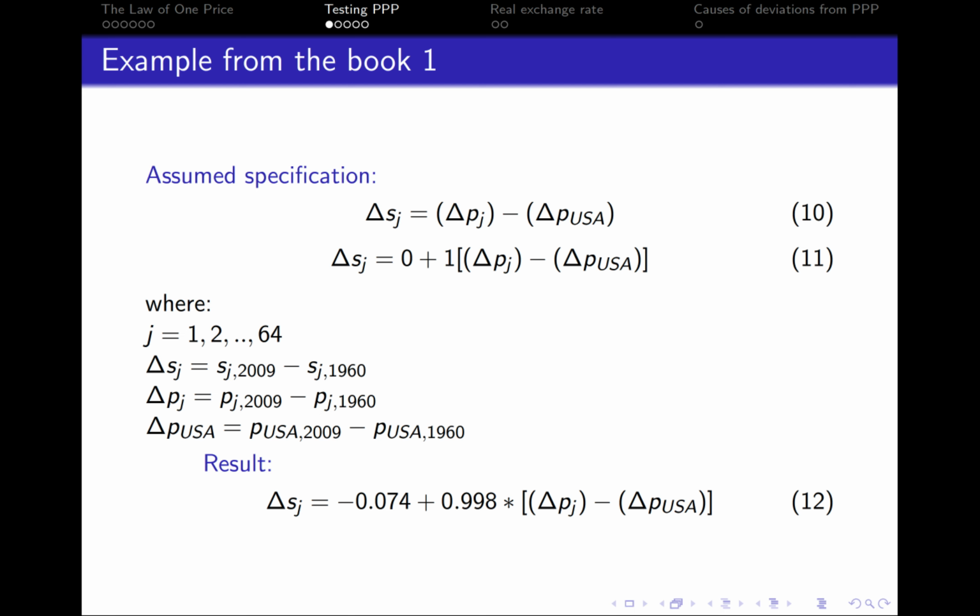Okay, and what did we have over here? So look, here we see the change in exchange rate between 1960 and 2009.